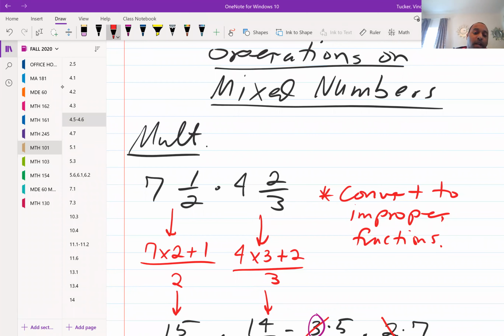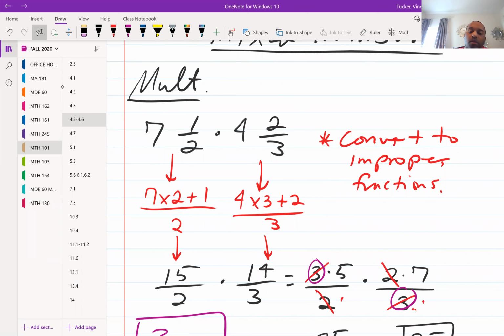So that'll be 7 times 2 plus 1 over 2, and 4 times 3 plus 2 over 3. And that'll give us 15 over 2 and 14 over 3.